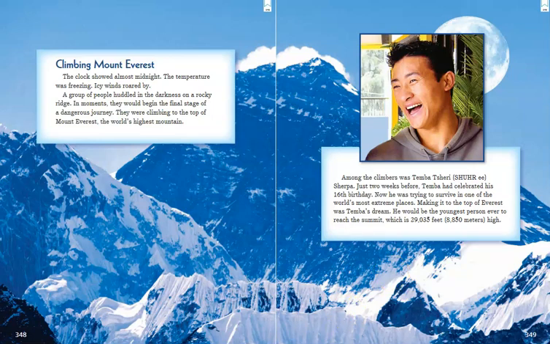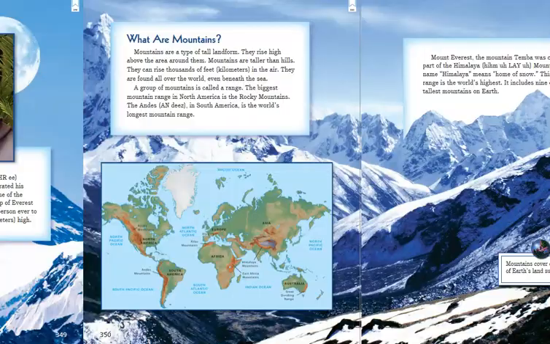Think about that for a second, guys. Our classroom is about, I'd say about 12 to 13 maybe meters across. So think about 8,850 meters high. That is very high. All right, let's keep reading.